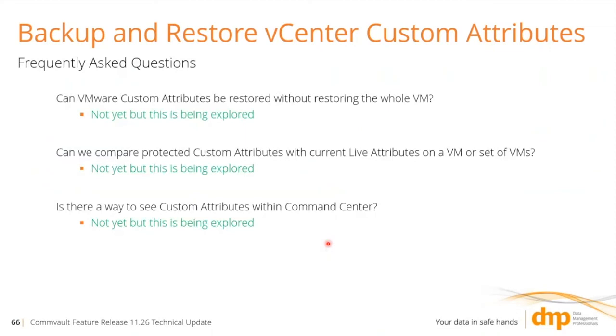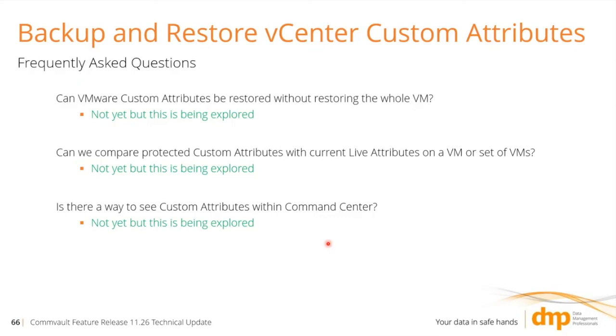Some frequently asked questions coming from customers, all with the same answer. Commvault is working on them. Currently, VMware custom attributes cannot be restored without restoring the whole VM. So if you have an existing VM and you just want to update it with the custom attributes, that is currently not possible, but Commvault is investigating that.